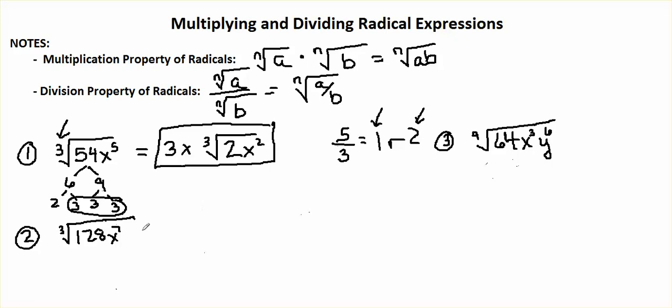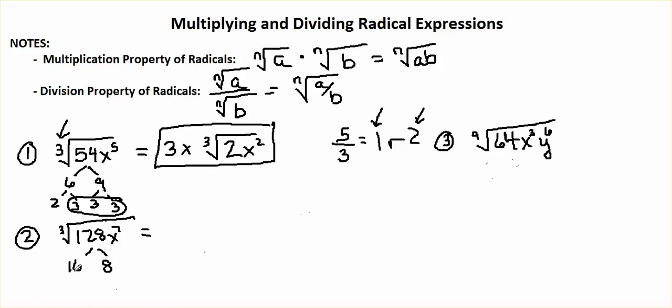So now let's take a look at this problem here. We have the cube root of 128x to the 7th. I know that 128 factors into, let's see, it's going to be 16 times 8.